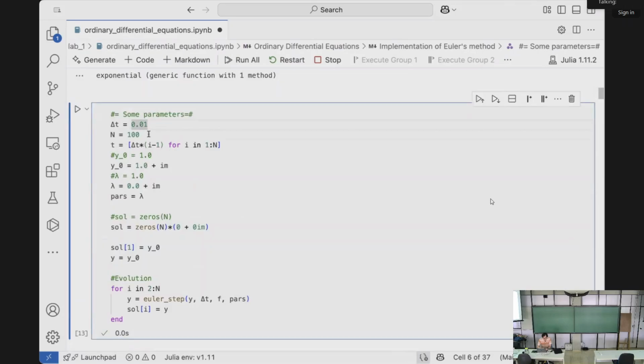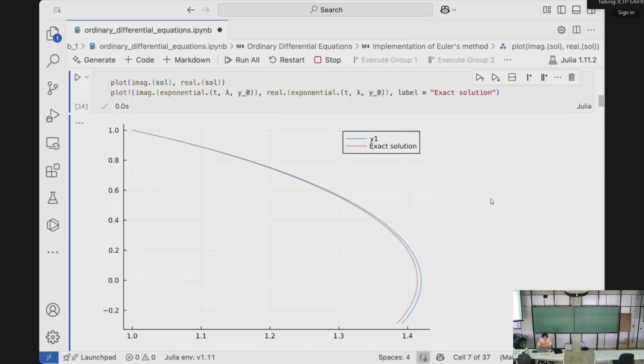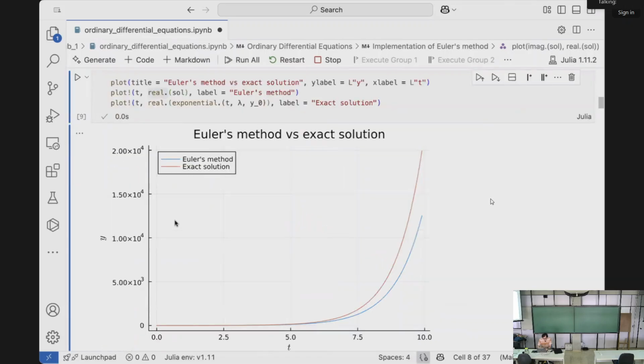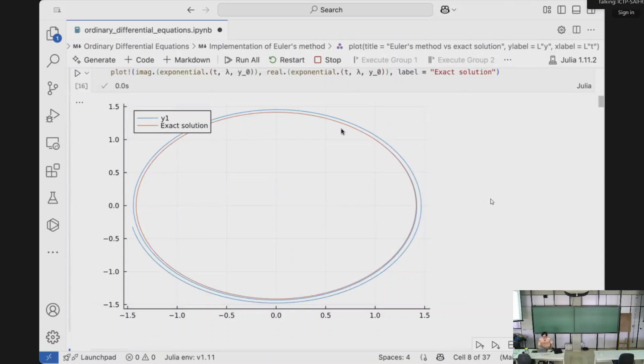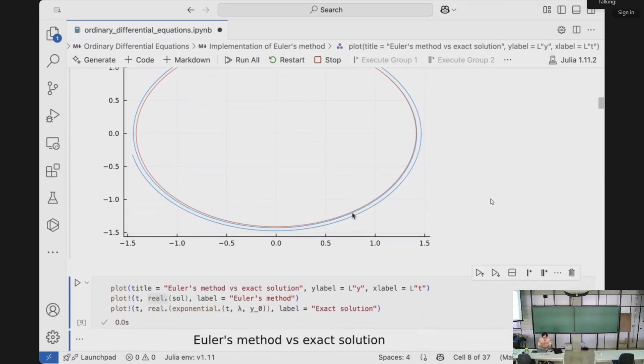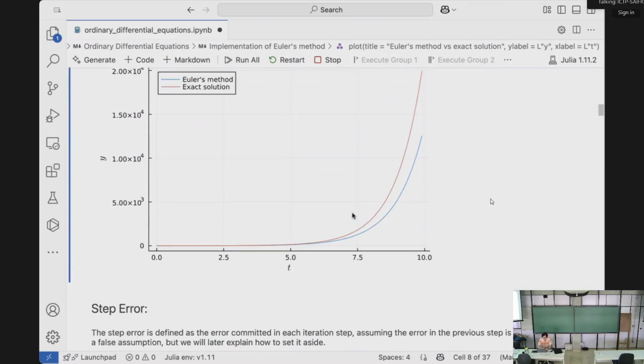Let's do some more points so we can see an entire circumference, right? So the Euler method is not really very good, at least the explicit Euler method, but it's a good starting point, right?